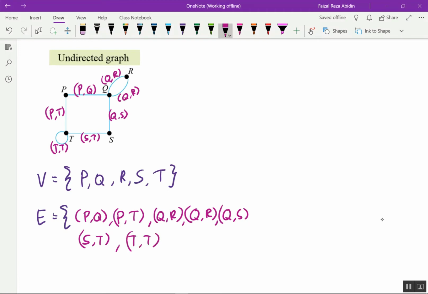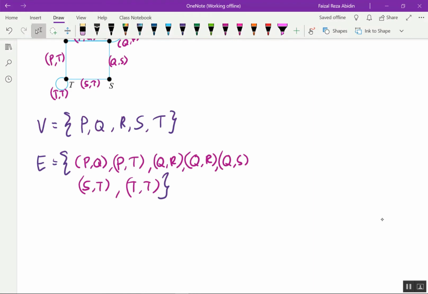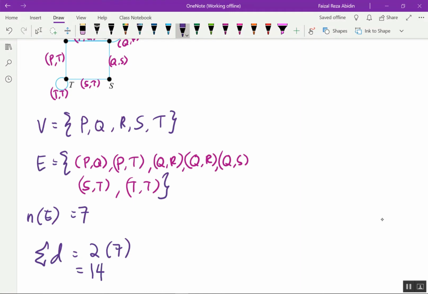How many of it do we have? 1, 2, 3, 4, 5, 6, 7. The number of our edges is 7. So the sum of our degrees is 2 times the number of edges, so we have 14. Class?